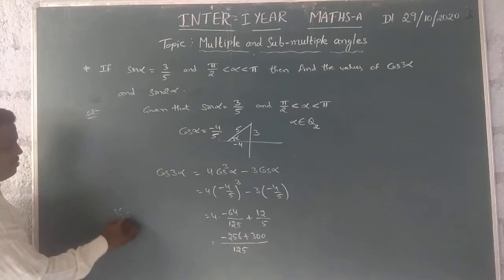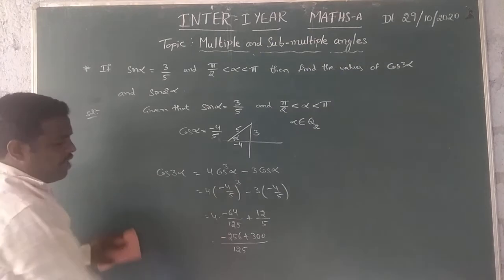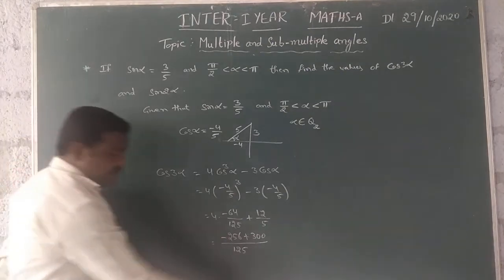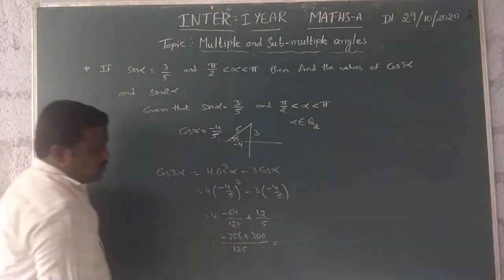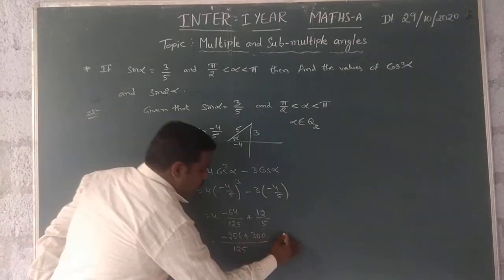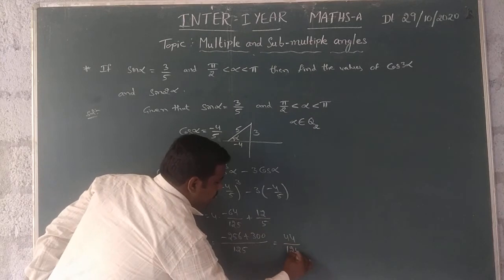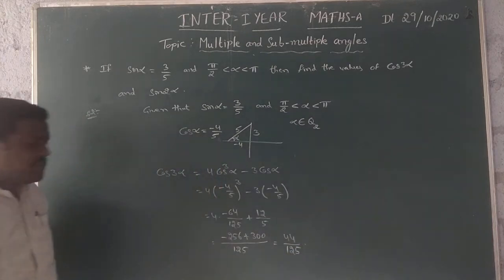So 300 minus 256, that is 44. So 44 by 125. This is the value of cos 3 alpha.